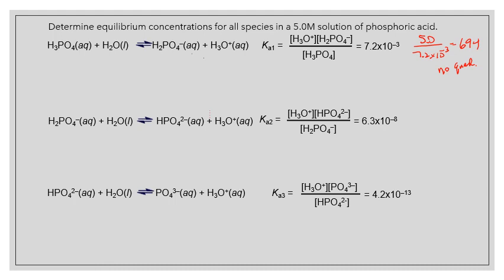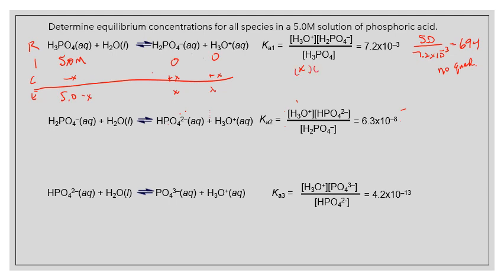So we can go ahead and set up our RICE table. So I have the R, I, C, and E. I have 5.0 molar for my initial, and I would have 0 and 0 for the H3O+ and the H2PO4-. So I'm going to have minus X, and plus X. At equilibrium, 5.0 minus X, X, and X. So I can plug those values in here.